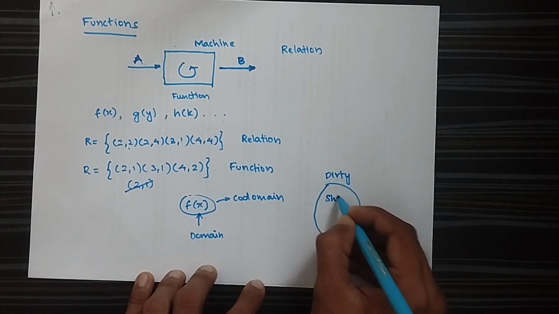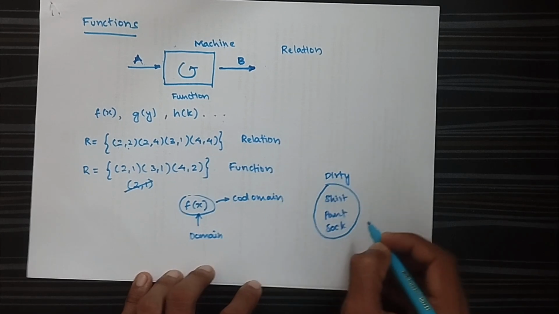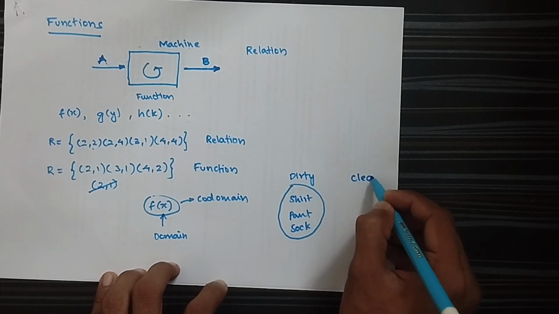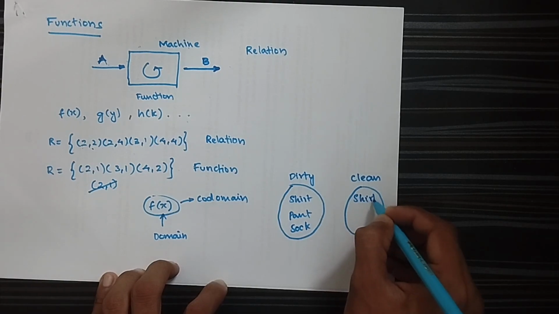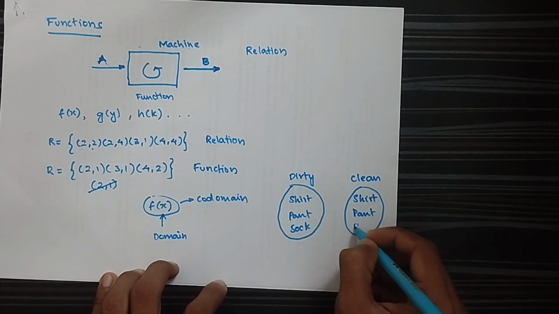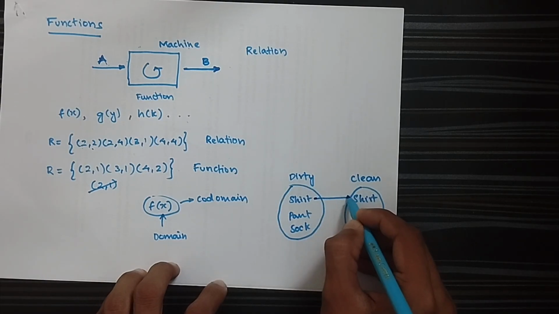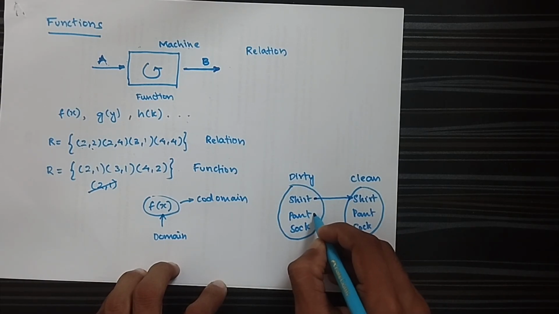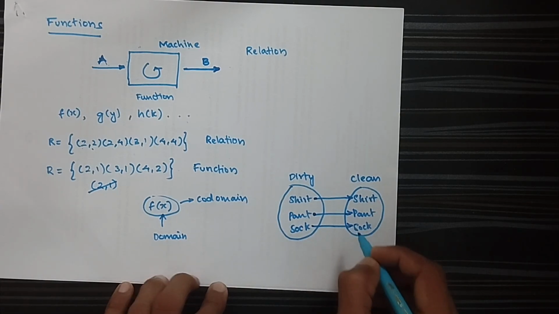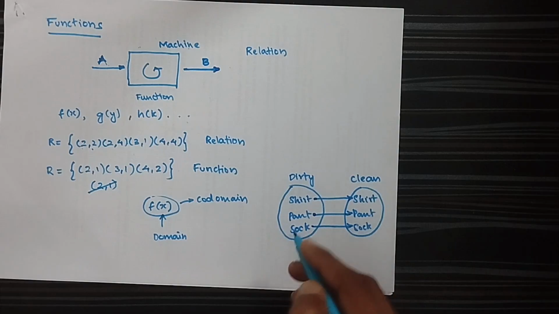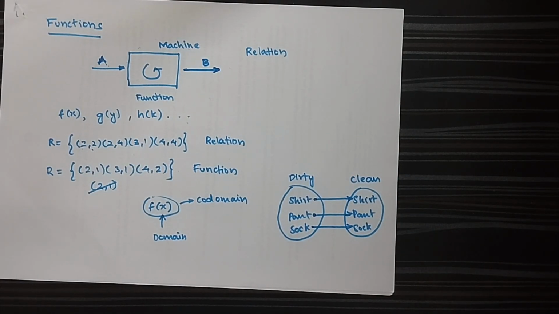We can have shirt, pant, sock, and we have clean ones of the same garments: shirt, pant, sock. So putting a dirty shirt will give a clean shirt. Putting a dirty pant will give a clean pant. Putting a dirty sock will give a clean sock. So the dirty pile would be the domain here for a washing machine, and the clean pile would be its codomain.